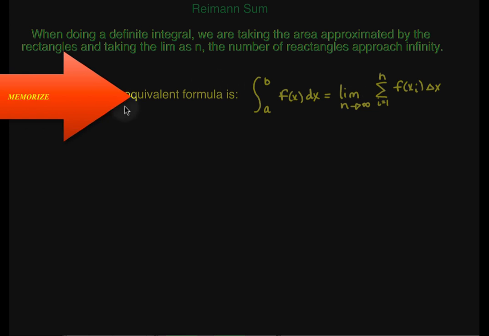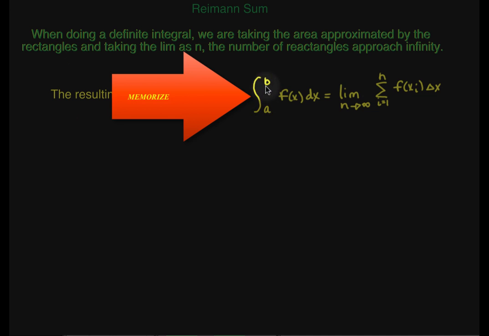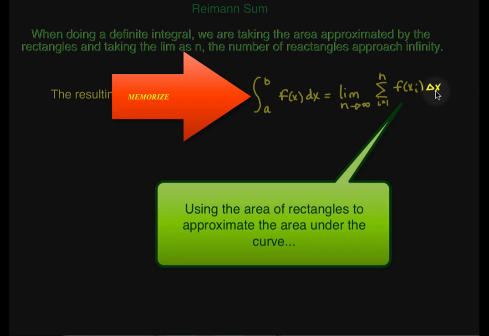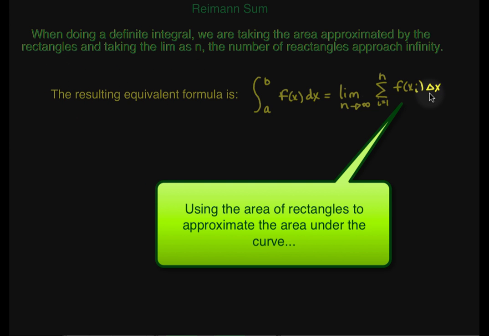We're going to be converting the definite integral, which has bounds and represents the area under a curve of f of x dx, into a limit as n approaches infinity of the summation of the product of the length times the width of the rectangles. So the length is your f of xi and the width is your delta x.